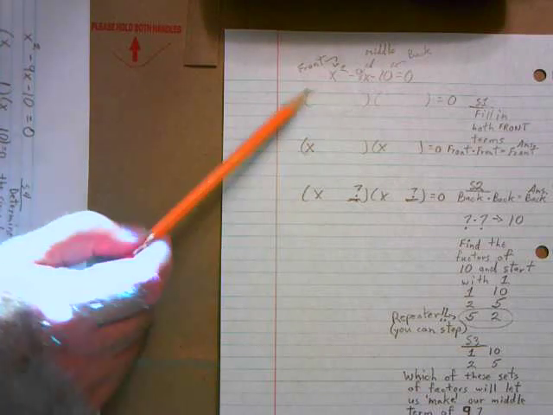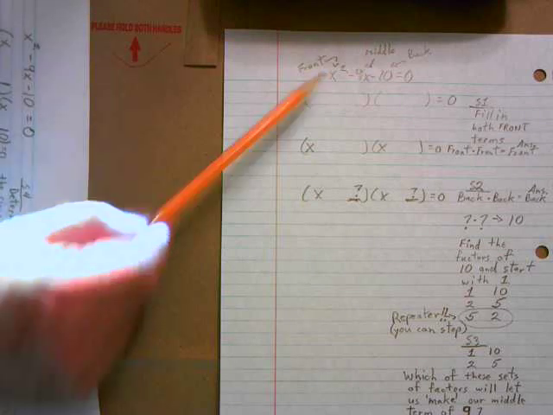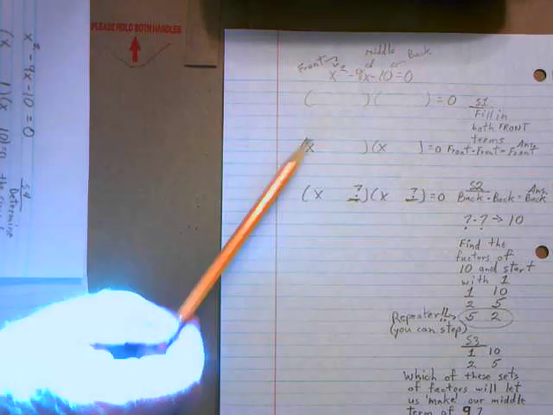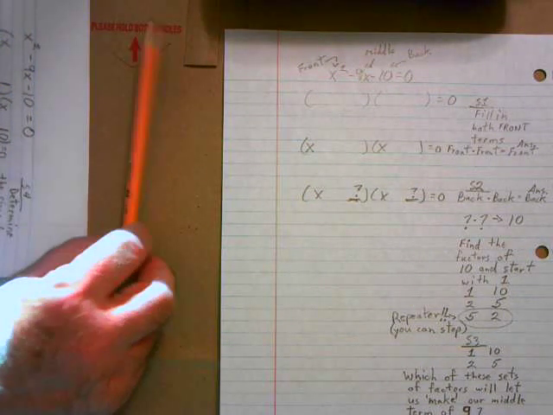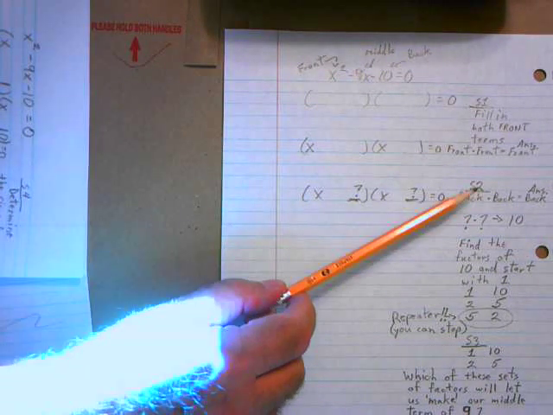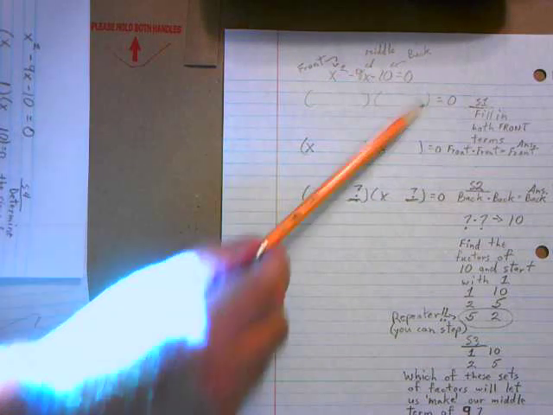All right, so what times what will give us this x squared? Well, clearly, these two front terms have to be x times x to give us x squared. That was pretty easy. Step 2. We're going to do the same type of thing to the back terms.